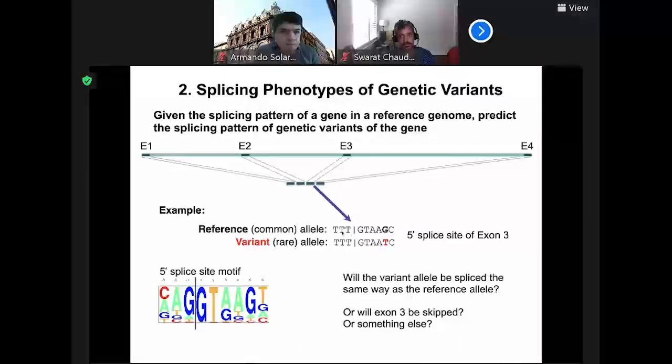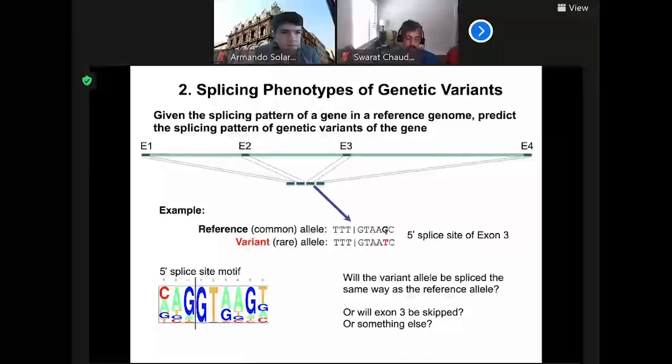So perhaps some people have a GTAAGC here at this 5' splice site, and then a rare allele is to have a T at that position, +5, shown here in red.